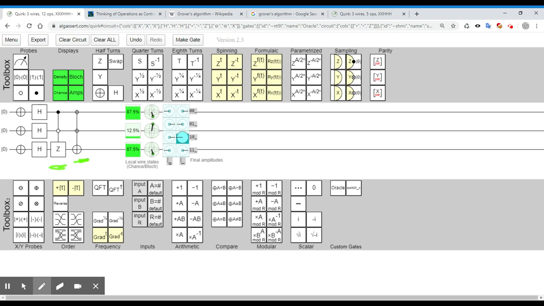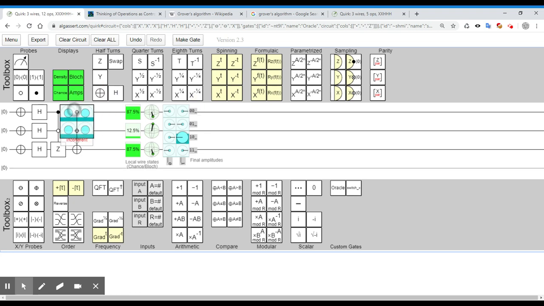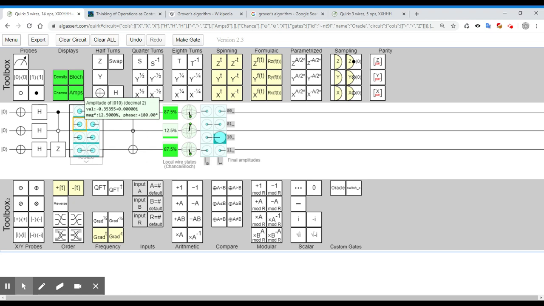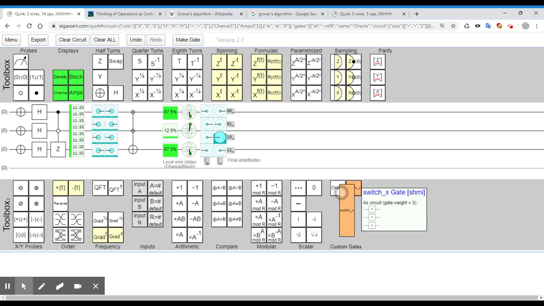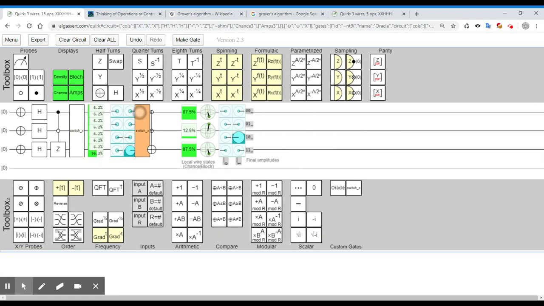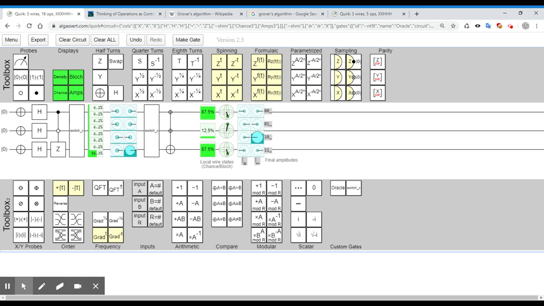But this means that after that operation here, if I take a look at the amplitudes and the chances of the x observable, it's done this thing. It's created this spread, which I don't fully understand, how are those phases and where they're coming from.